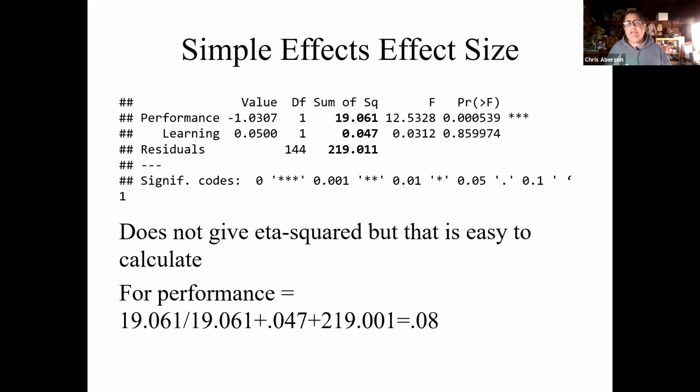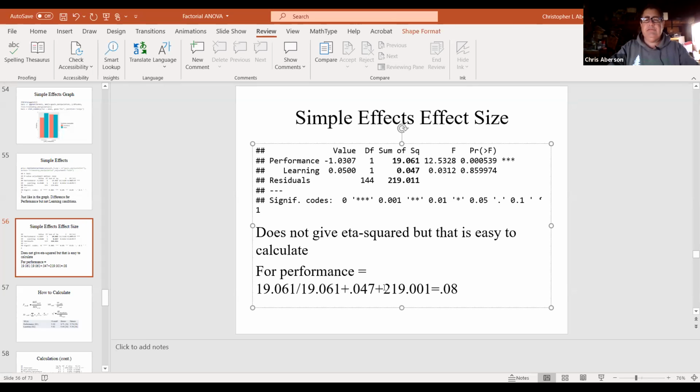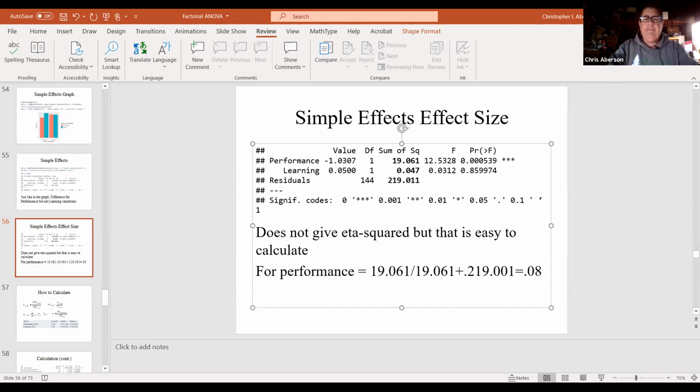This doesn't give you eta squared, but we can get that very easily for performance. We can just take our sums of square for the effect and divide that by the sums of square for the effect plus, oh, I'm sorry, I was doing eta squared rather than partial eta squared.